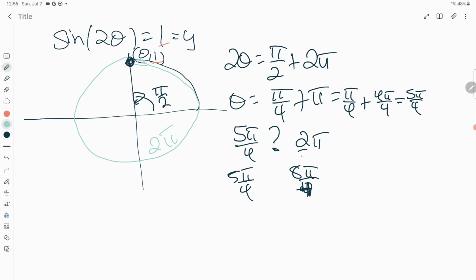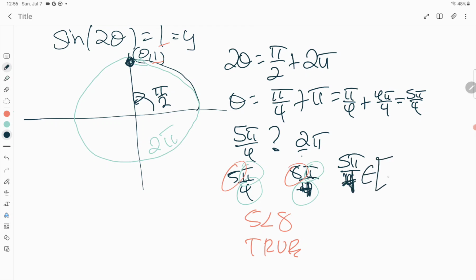But then you compare this and you see that the pi's match. So the only thing left over is the 5 and the 8. And clearly 5 is less than 8. This is true. So this implies, in other words, that 5 pi over 4 belongs to the interval from 0 to 2 pi. It's part of that interval.